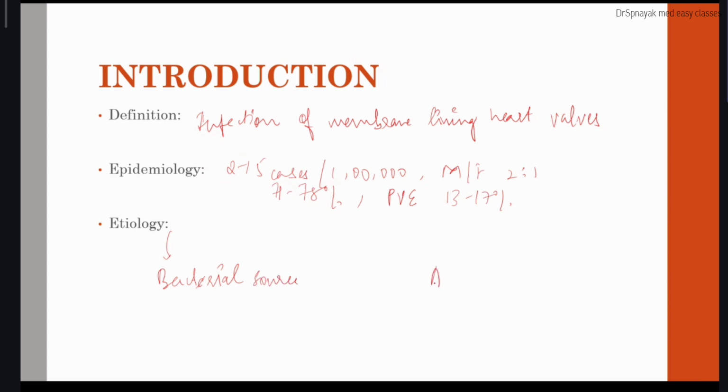So the etiology, or the causes: it mainly involves a bacterial source, and another cause is abnormal substrate. In simple terms, one is a bacterial cause and the other is any other cause which is not infective or directly related to pathogens. Out of the bacterial sources, the main causative organisms are Staphylococci, Streptococci, and Enterococci.